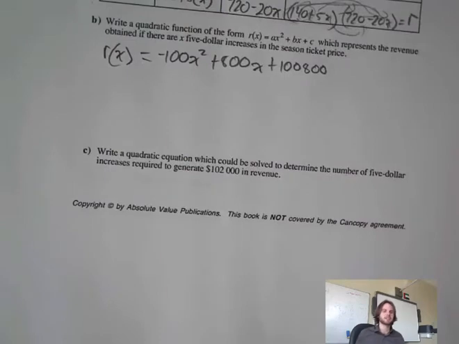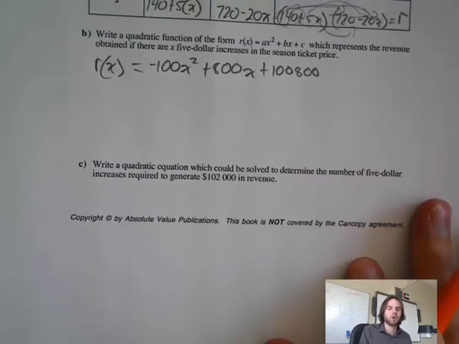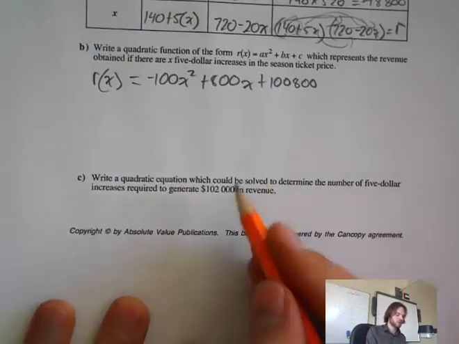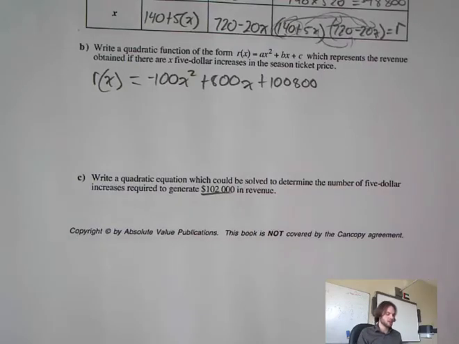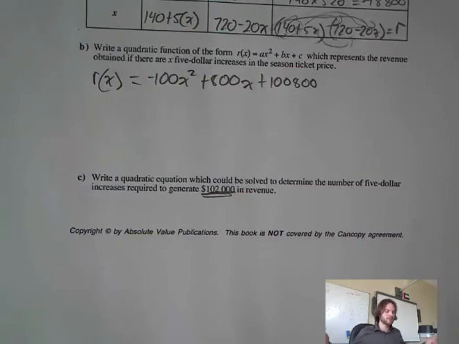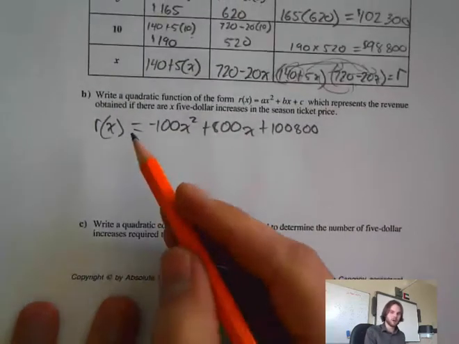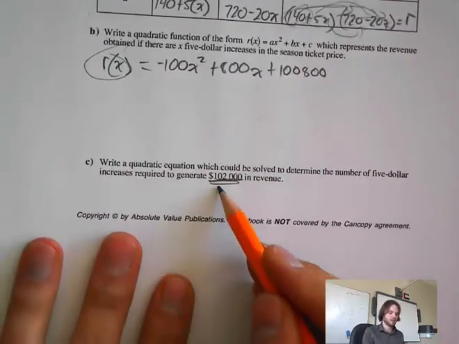Next part here, it says, write a quadratic equation which can be used to solve this. So we want to know how much he would charge for that revenue. Well, that means R(x) is equal to that, because that's the revenue we want.